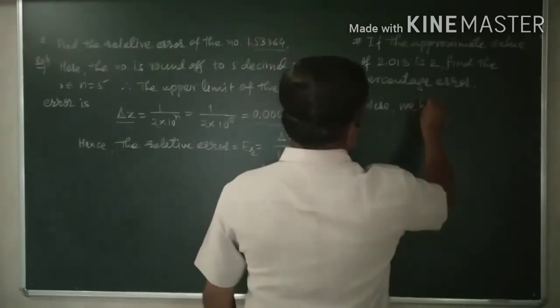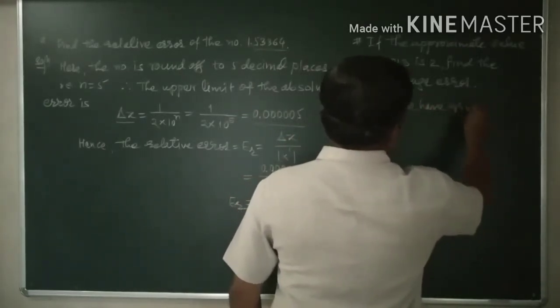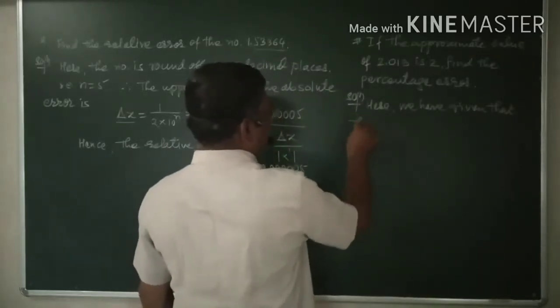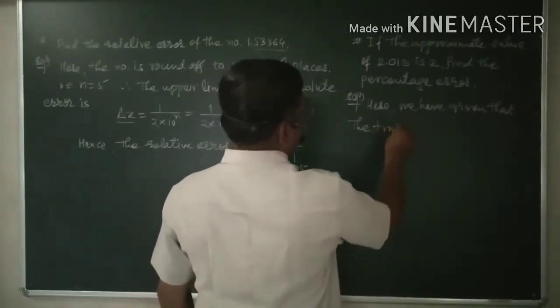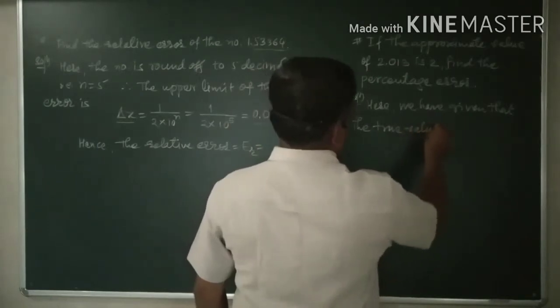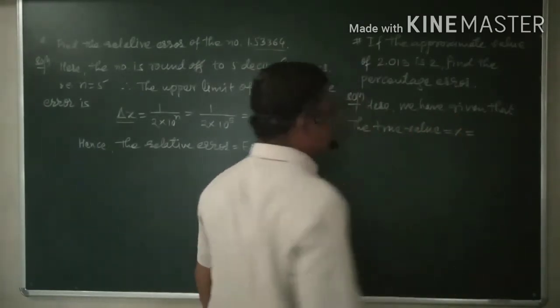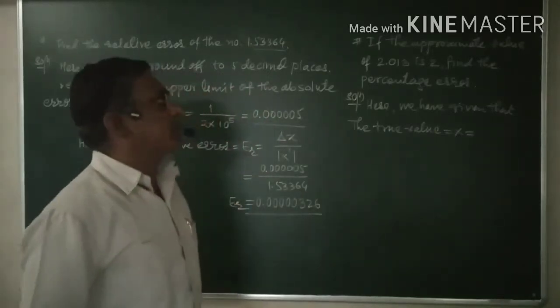Therefore here, what is given? The true value, which we have denoted by x, is 2.013.